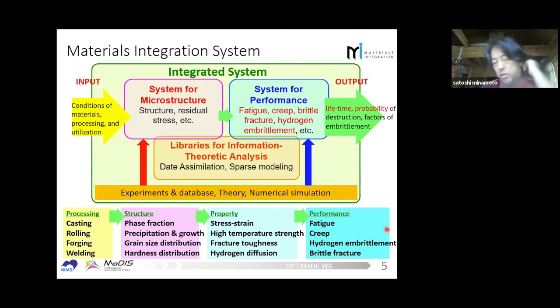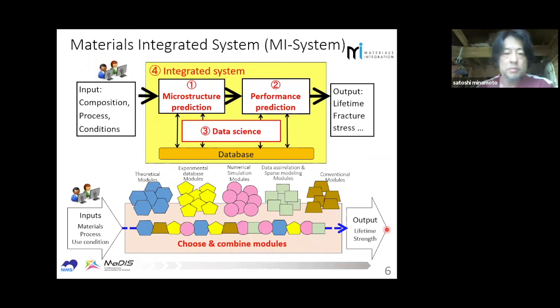The steel weld joint part is the most difficult problem compared to, for example, aluminum alloys or magnesium alloys or some other nickel alloys. So we think that if we can understand the weld joint problems, we can maybe tackle other problems.